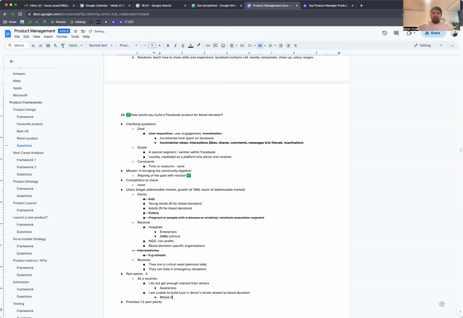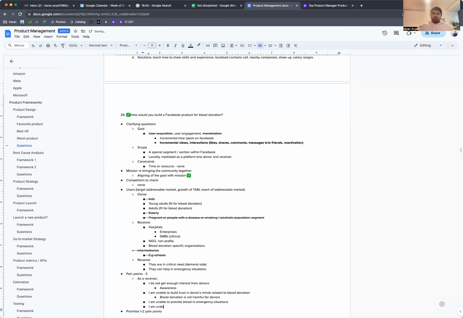Here, blood donation is not harmful for donors is the main message that needs to be conveyed. And the other one would be, in cases of emergency, I'm unable to provide blood to emergency situations.